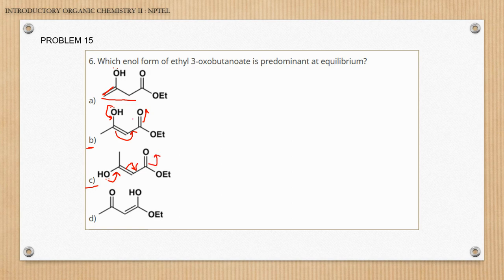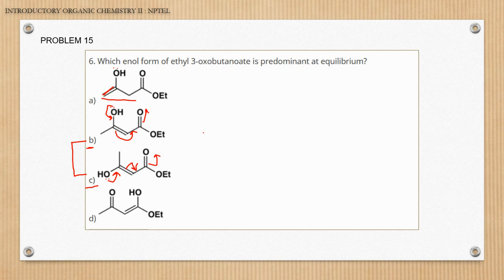But one is a cis double bond and the other is a trans double bond. Between B and C, which is more stable? Trans. Okay. If trans is more stable, then you are obviously eliminating one possibility here.